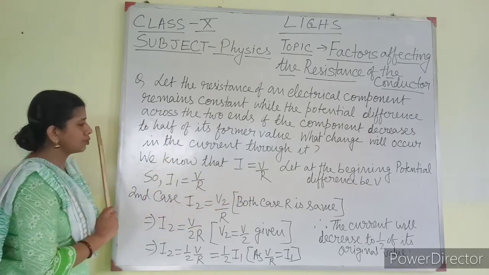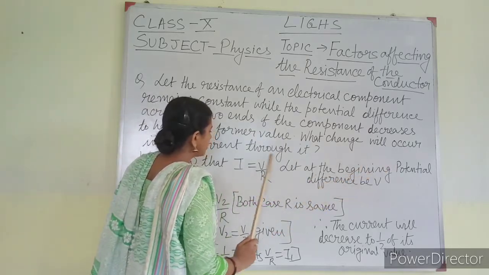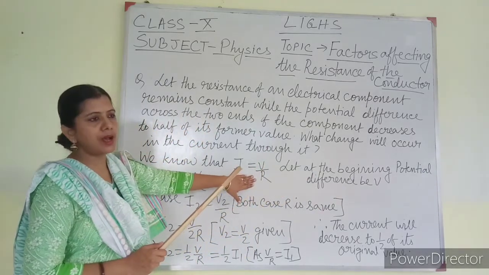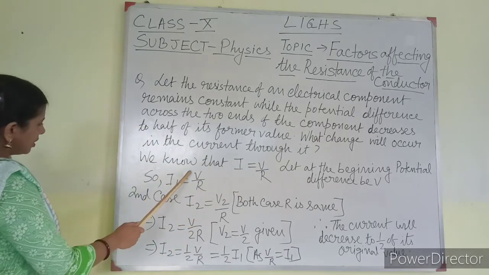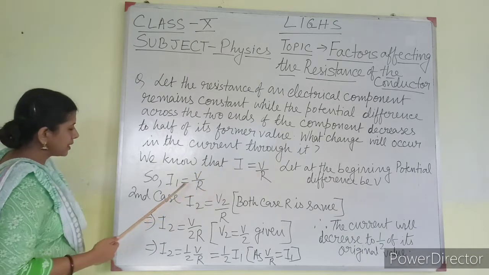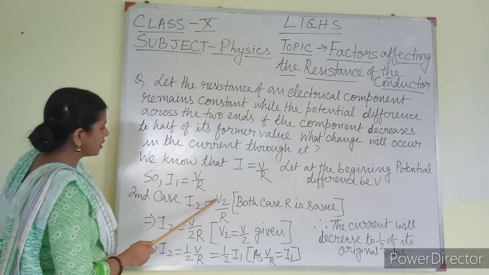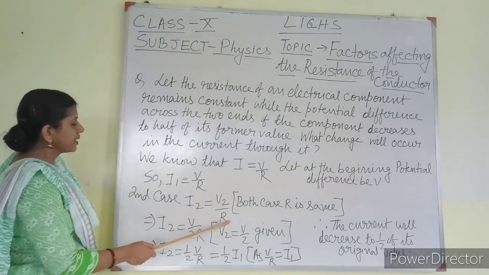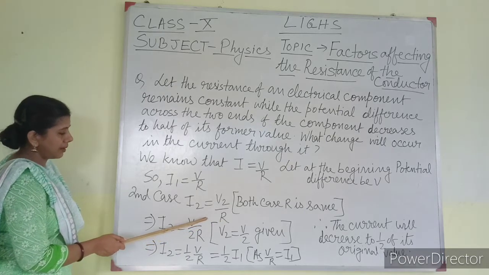Now let at the beginning the potential difference be V and the resistance be R. It is constant, so I am taking it as R. In the first case I1 equal to V by R. In the second case I2 equal to V2 by R using Ohm's law. R is constant, so I have not written R2 here, directly I have written R.